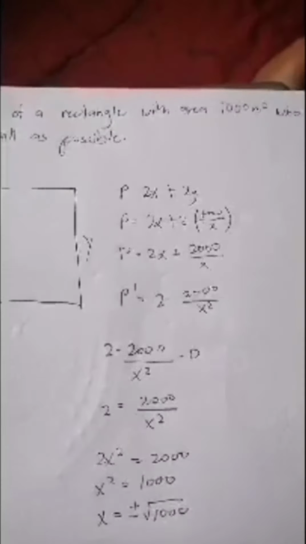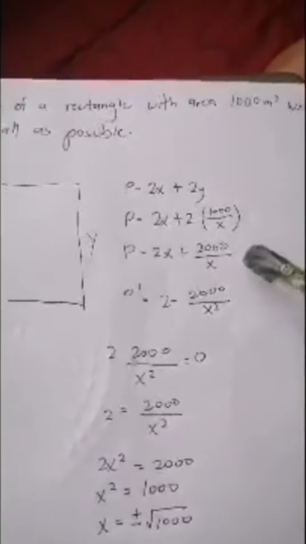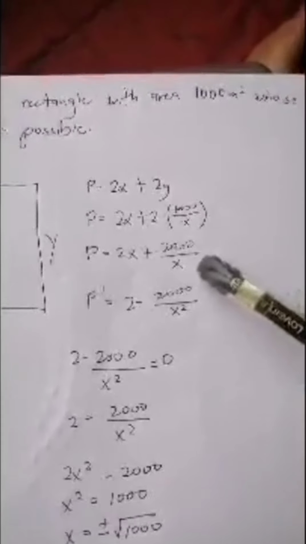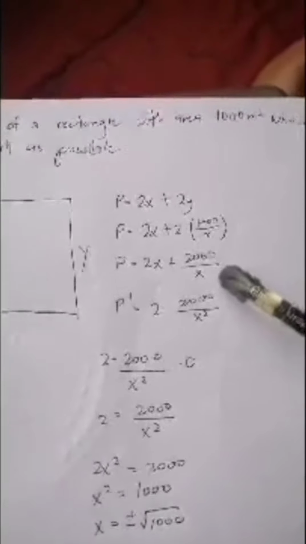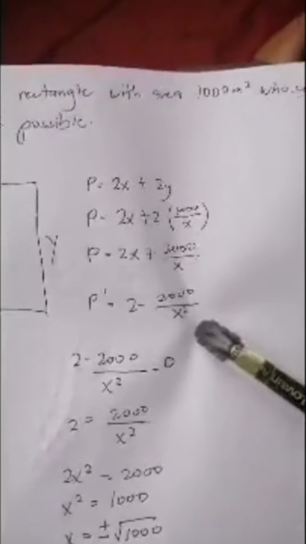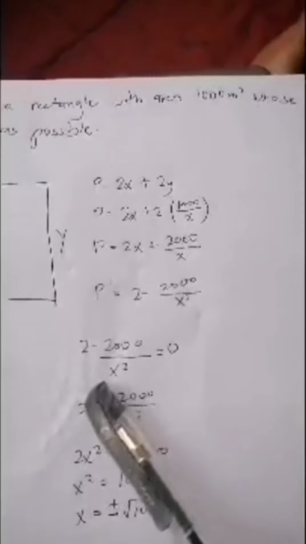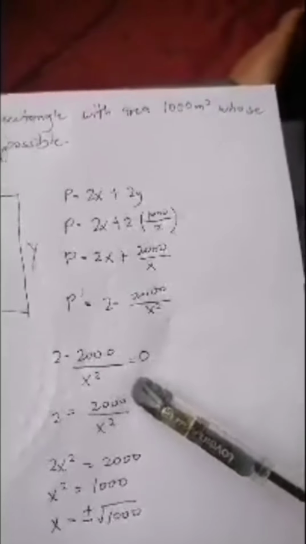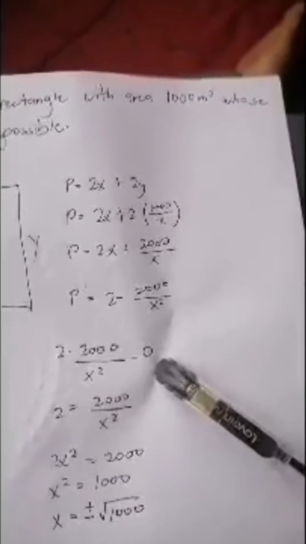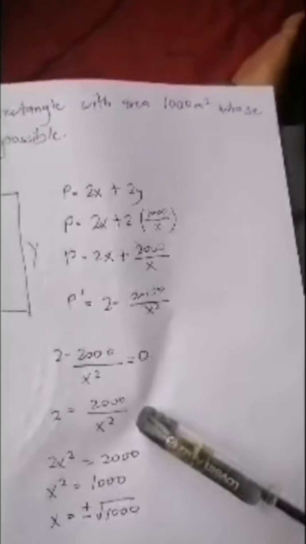Now we need to set this equal to 0. So I have 2 minus 2000 over X squared equals 0. So 2 is equal to 2000 over X squared.